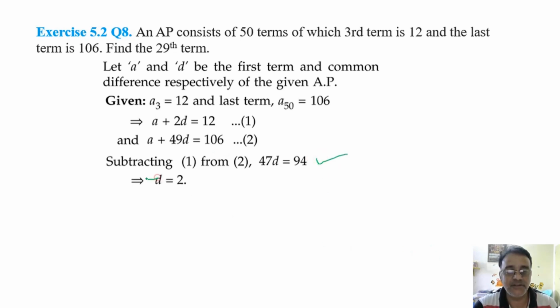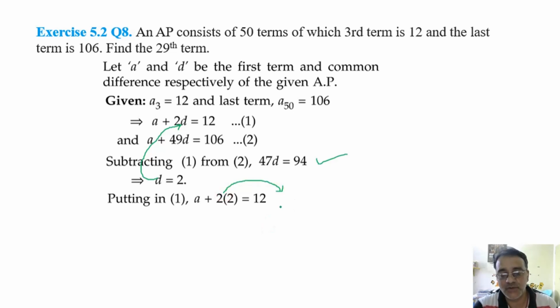Now we'll substitute this value in equation 1. That is A plus 2 into 2, that is 4, is equal to 12. Then we will shift 4 to this side. So 12 minus 4, what are we going to get? 8. So the value of A is 8. Now we need to find the 29th term.